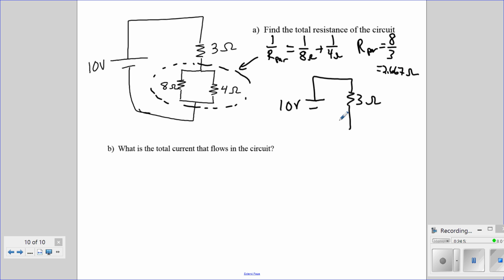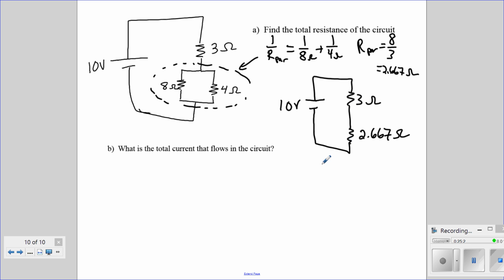So now we can think of these two parallel resistors being replaced by a single resistor with a resistance of 2.667 ohms. And now if we look at that, we see that we have a 3 ohm resistor connected in series with this 2.667 ohm resistor.